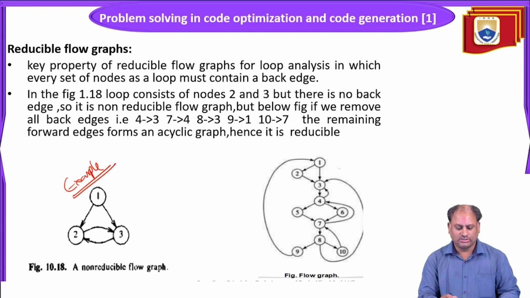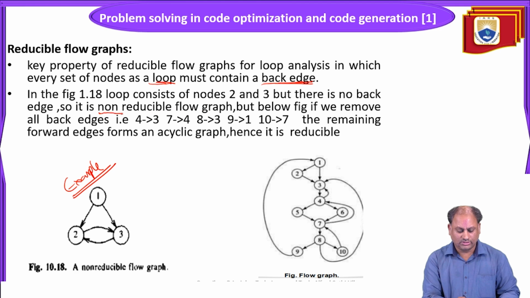In loop analysis of reducible flow graphs, every loop must contain a back edge. For example, in this graph, nodes 2 and 3 have no back edge, so it is a non-reducible flow graph.